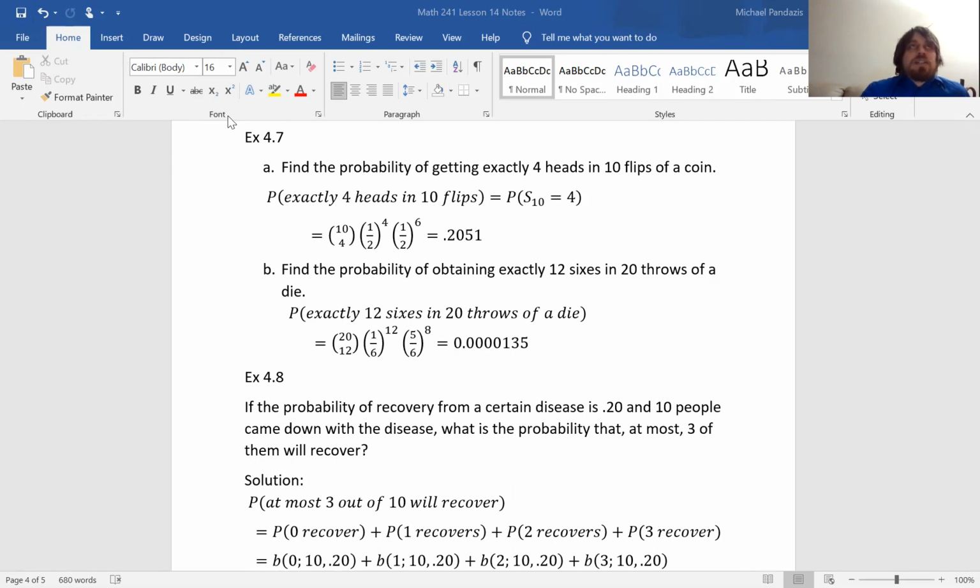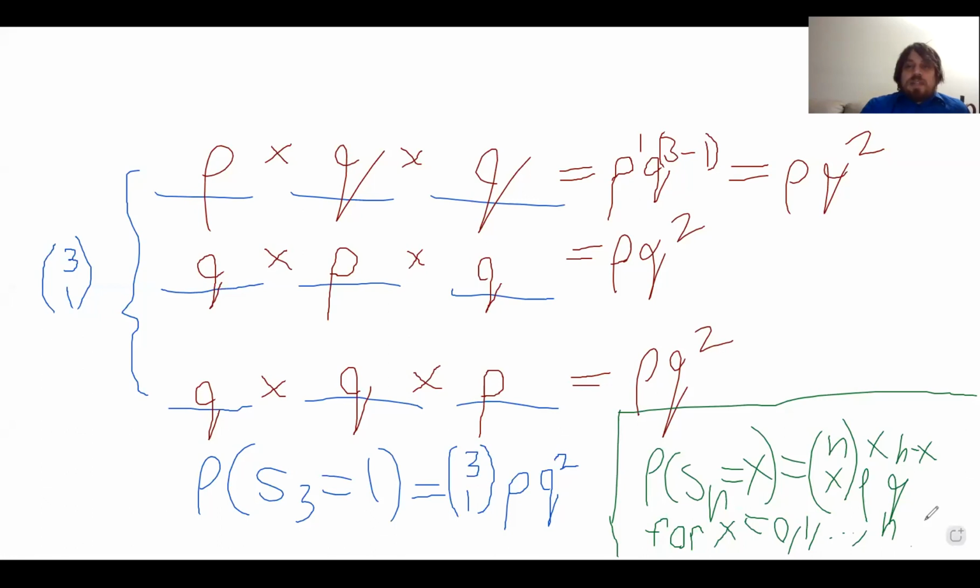Oh, okay. So if you had to throw exactly 12 sixes in a row, it's out of 20, right? If you had 20 throws and you had to throw exactly 12 in a row that were sixes, then you can shrink down those 12 in a row and think of it as one probability.